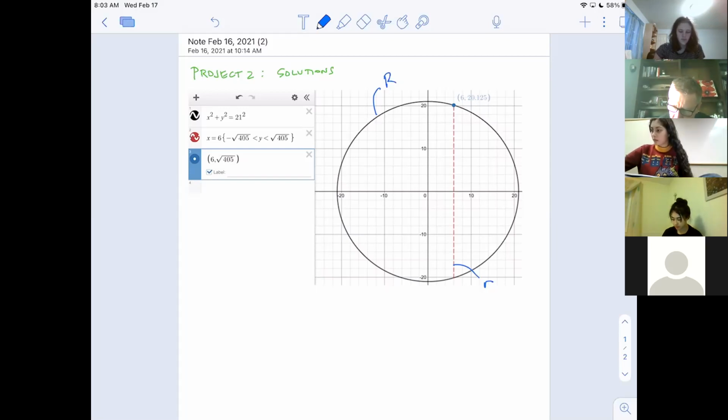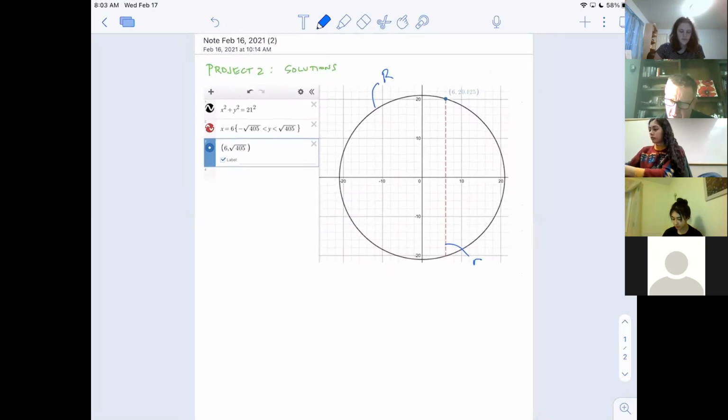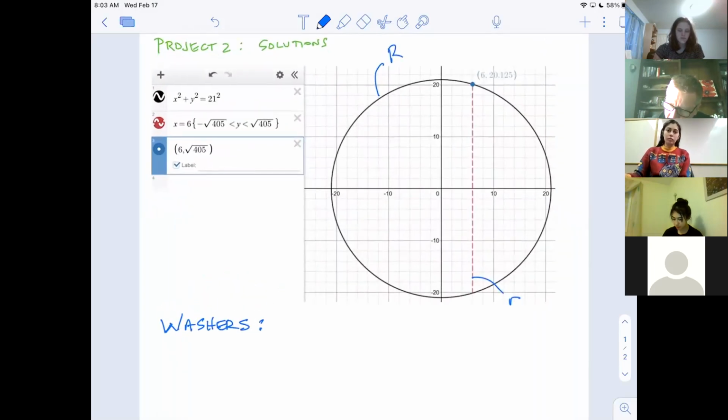So let's take a quick look at the conceptualization of this for washers, and also to help you with the test that is still a ways out. The way you want to see this is as this big slice that you take of this shape.